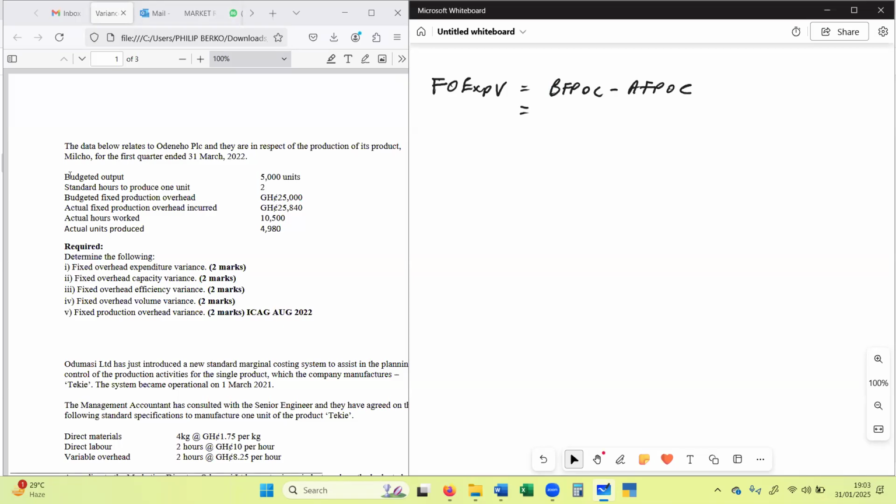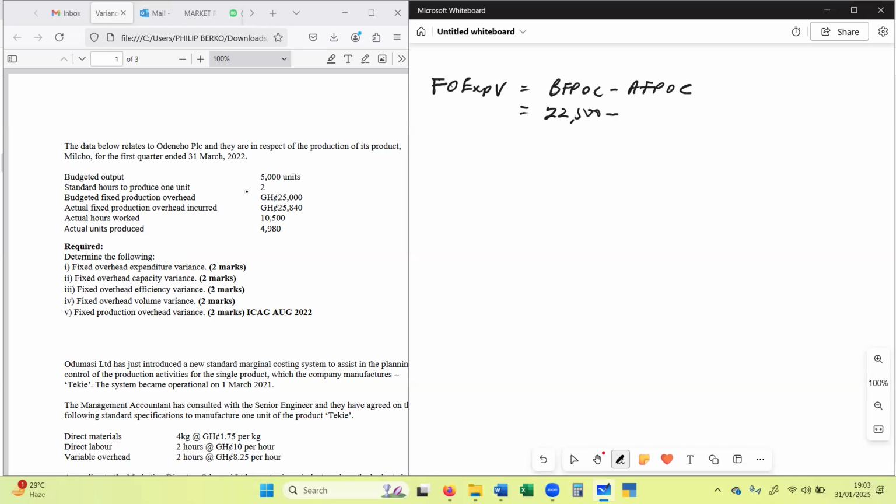So we check from the question. The budgeted is the third one, 25,000.